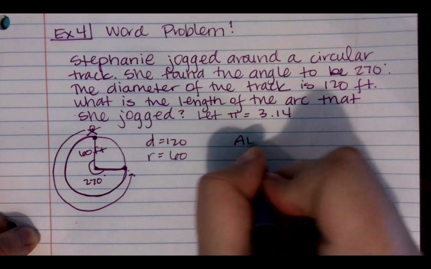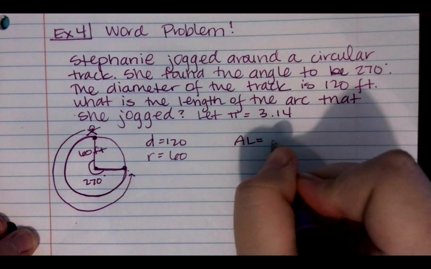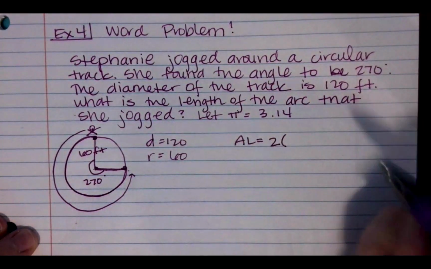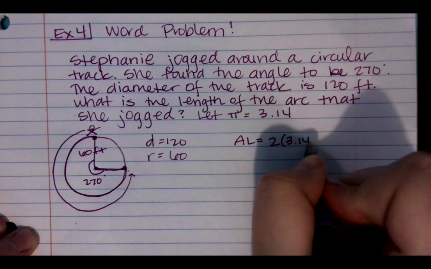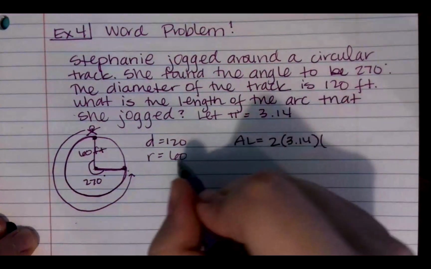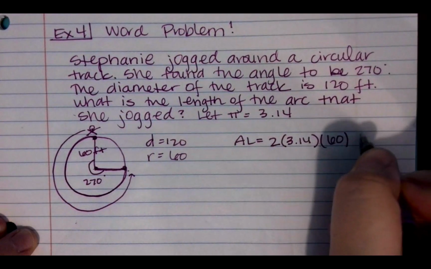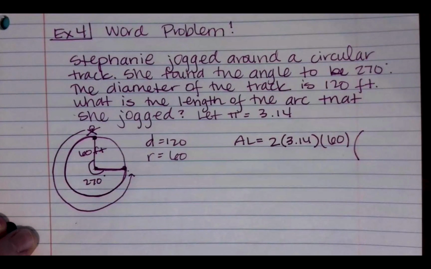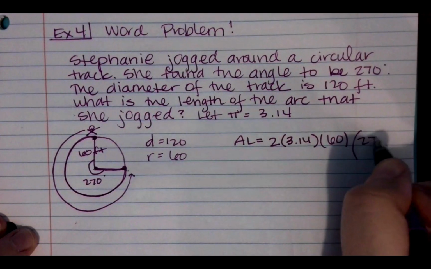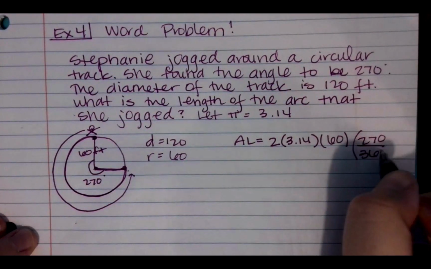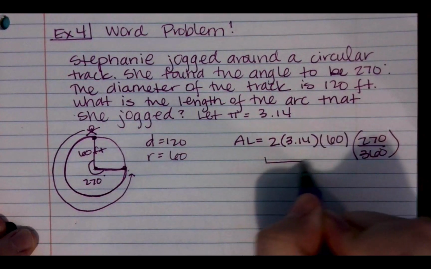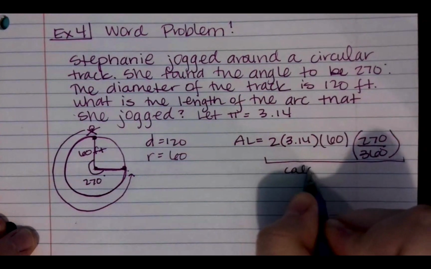Let's do it. Arc length equals 2 times pi 3.14 times our radius, 60, times our central angle, 270 over 360. This guy is calculator ready.